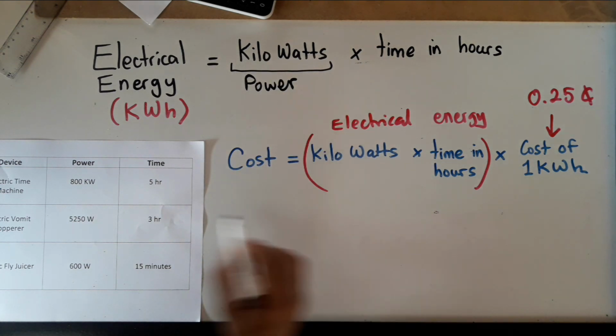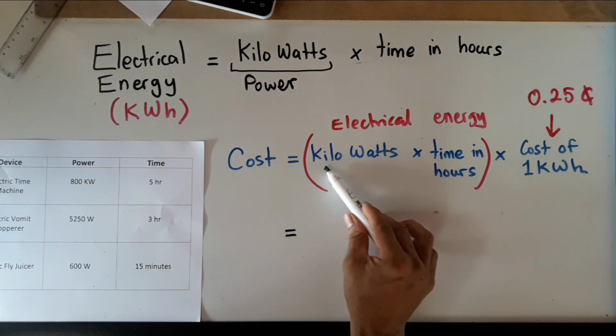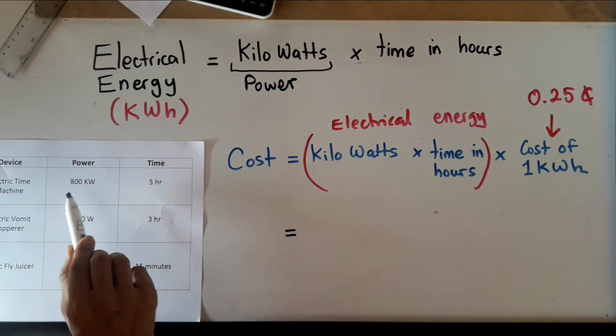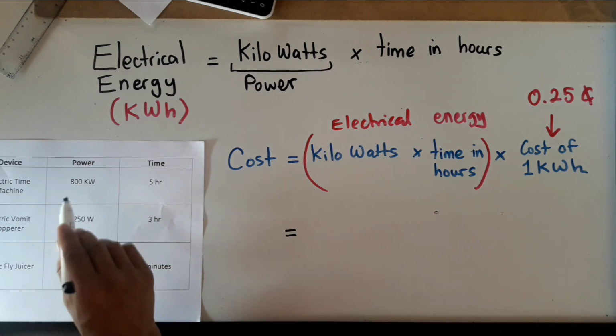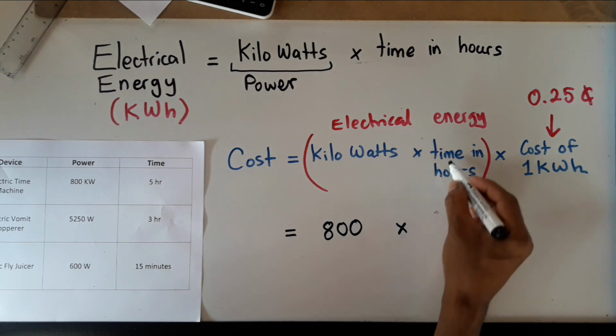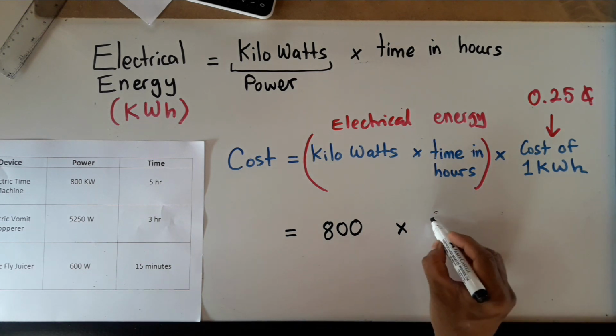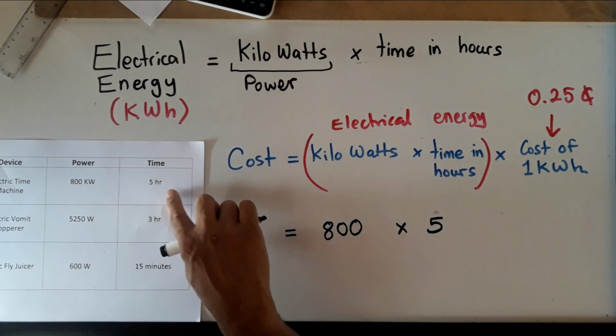So to calculate the cost for the first one, I need to take the amount of kilowatts. Did they give me the power in kilowatts? Yes. So it's 800, no trick. Then we have to multiply it by the time. The time has to be in hours. So the time is given in hours.